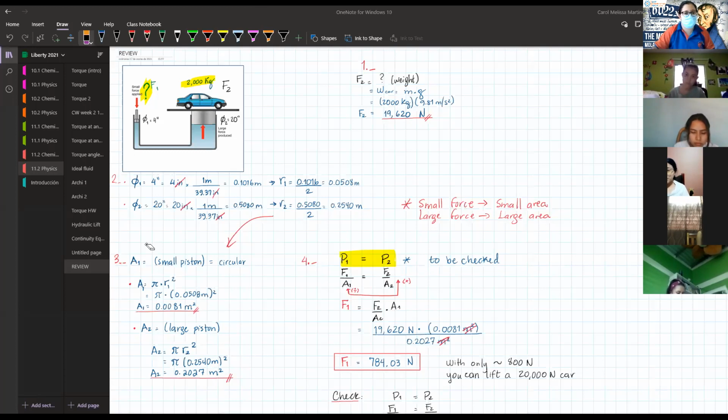So for tomorrow, remember this and Pascal, the hydraulic lift, that is Pascal, and the continuity equation. If you have any doubt on both, you can ask me today.